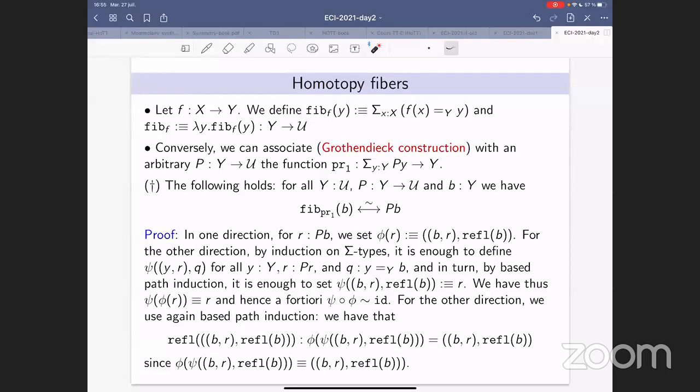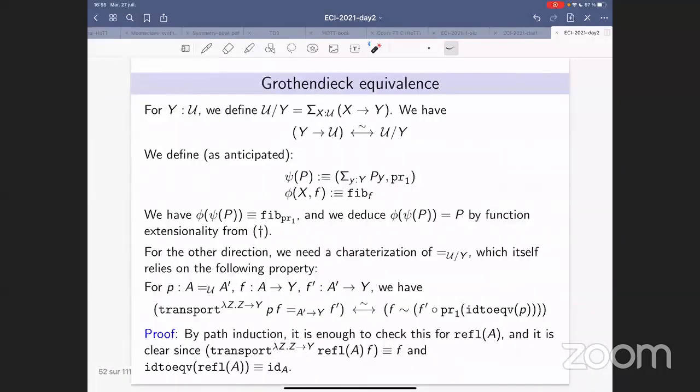The only thing that I want to make you aware of and to excite you about is that the proof of this theorem involves univalence. So this is an incentive to follow this proof because it's a good illustration of this axiom.